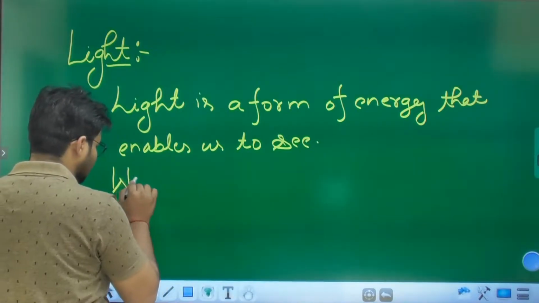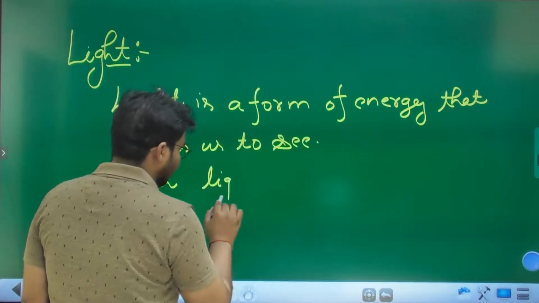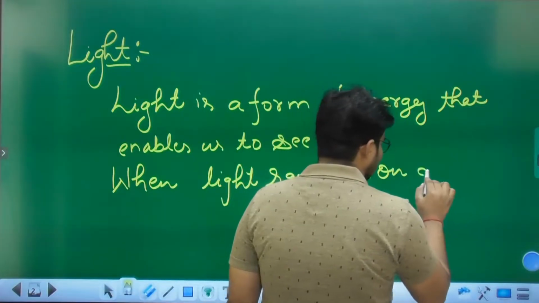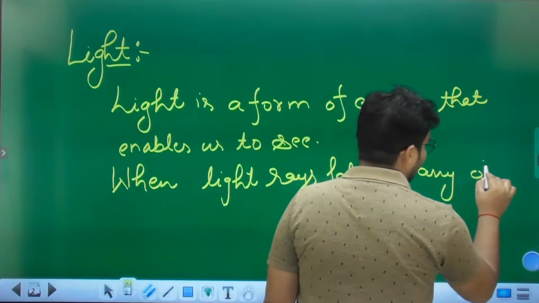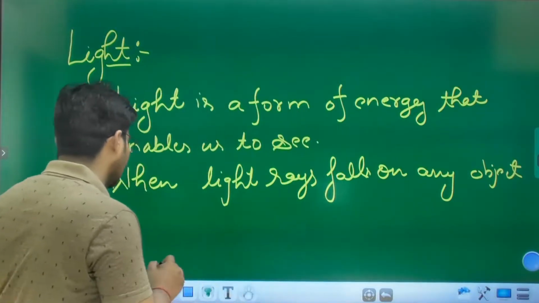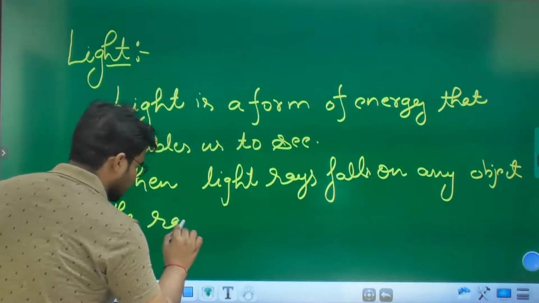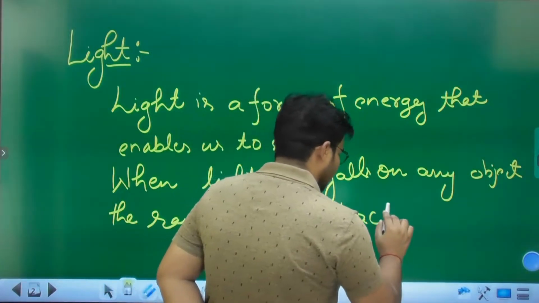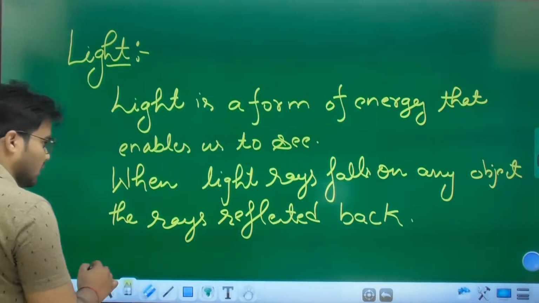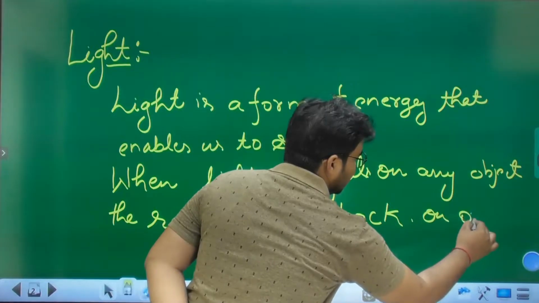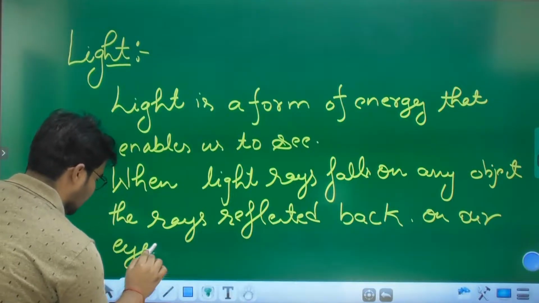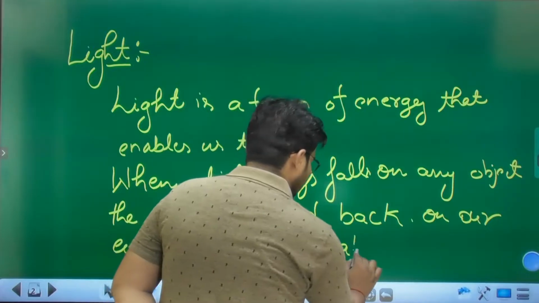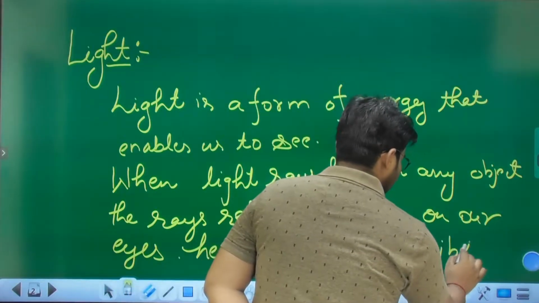When light rays fall on any object, the rays are reflected back on our eyes, hence it makes the object visible to see.